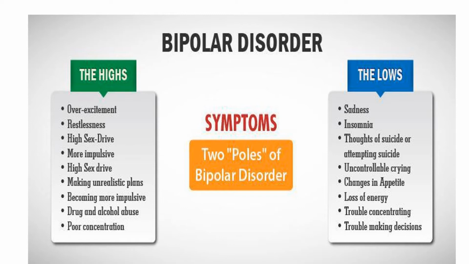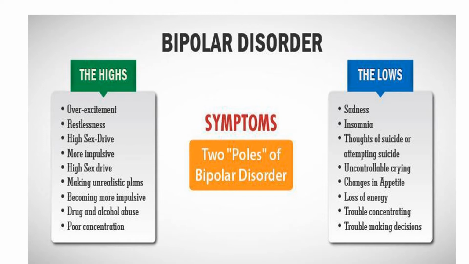Okay. The other side, the depressive side of the spectrum: sadness, difficulty sleeping, thoughts of suicide can occur with severe depression. Changes in appetite, such as increased or decreased appetite, can occur with depression.